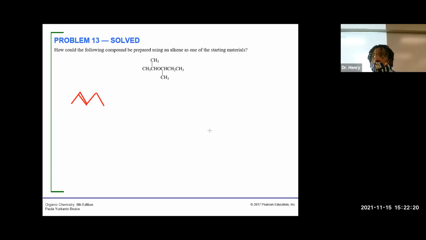Okay, now where's that butene going to be at? Where's the double bond going to be at in that butene? Okay, butene. So for us to get, because it's 1, 2, 3, 4, we want to get this attached to it. So what must this be here? Let me circle it.